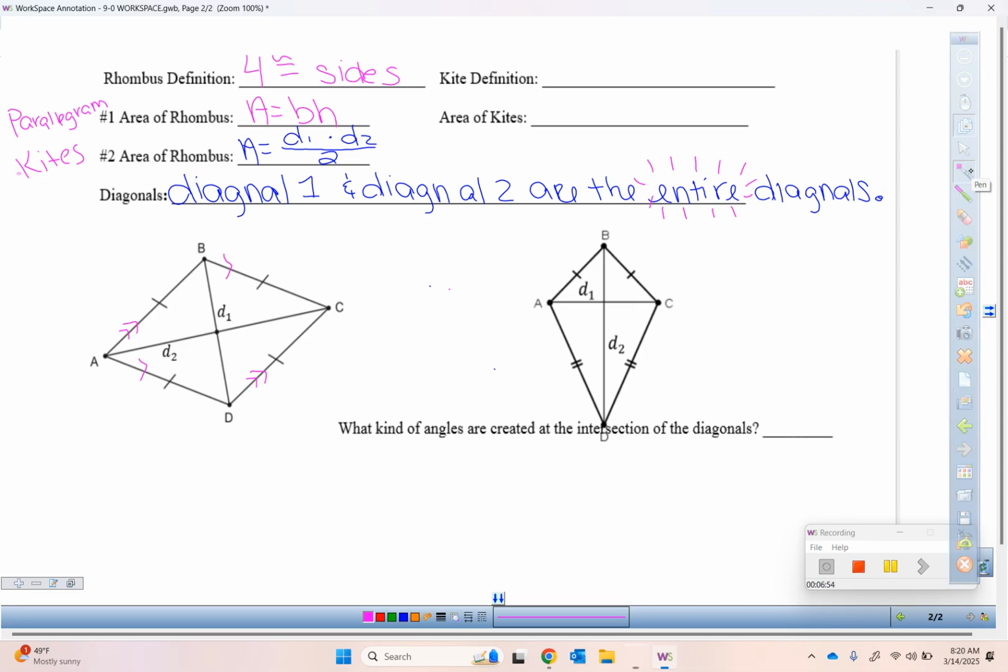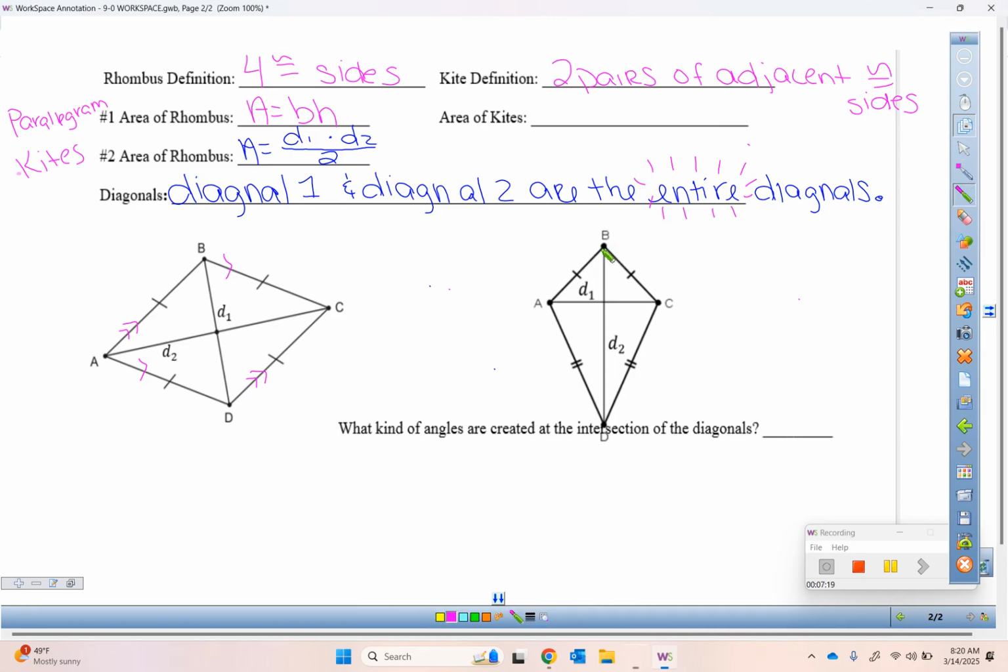And we're going to go into the kite definition. The definition of a kite is 2 pairs of adjacent congruent sides. So what we're talking about is 2 pairs of adjacent congruent sides.